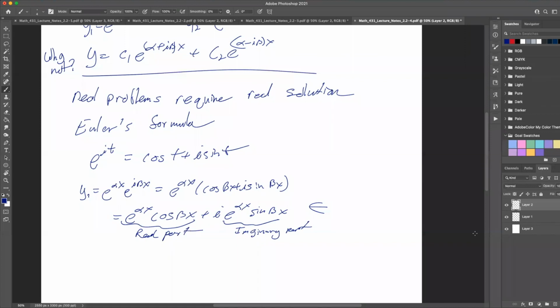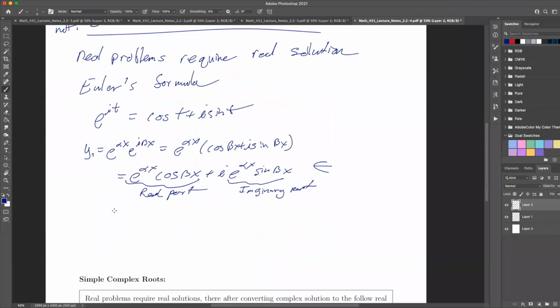But let me explain something here. Notice that if this is a solution, this is also a solution, right? I didn't do anything to the solution, just changed it. But notice that the real part needs to be a solution, and the imaginary part needs to be a solution. And what do I mean by that?